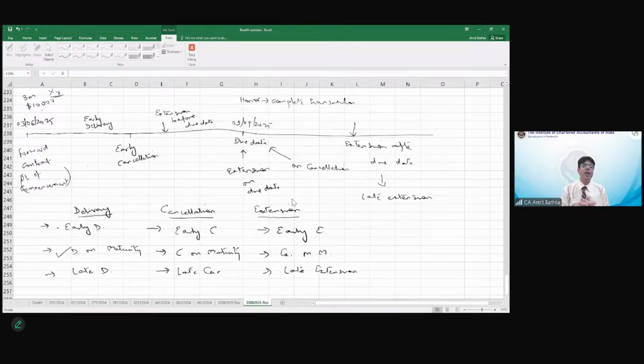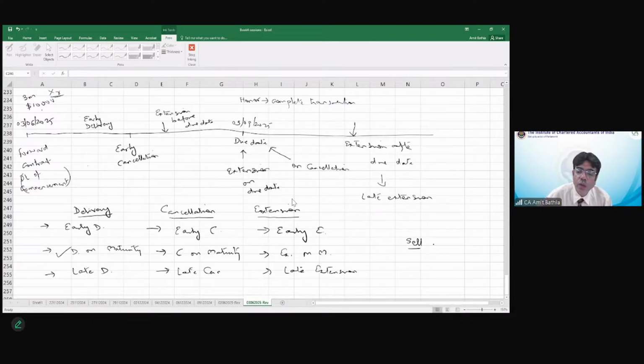So effectively, how do you terminate a particular contract? In that case, you will have to take an opposite position in another contract. Say, for example, here I have a forward sell contract which I want to close early.